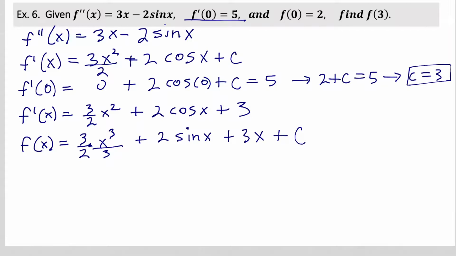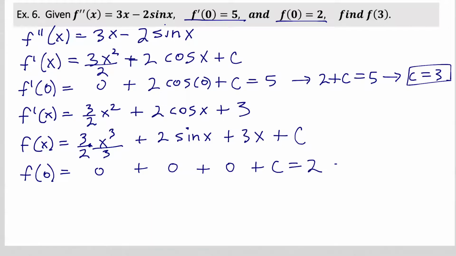Now, in order to find that c, we need the initial condition for f of x. So f of 0, so that would put this at 0. We know sine of 0 is 0. 3 times 0 is 0. Plus c must be 2.